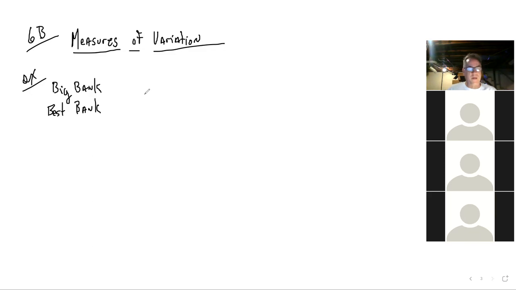Now, what we've got here are wait times. So you go to the bank and you got to get in line to see a teller to do something. And so these are the wait times in minutes for 11 customers at each bank. So I've got 11 pieces of data for each. And again, these are wait times.